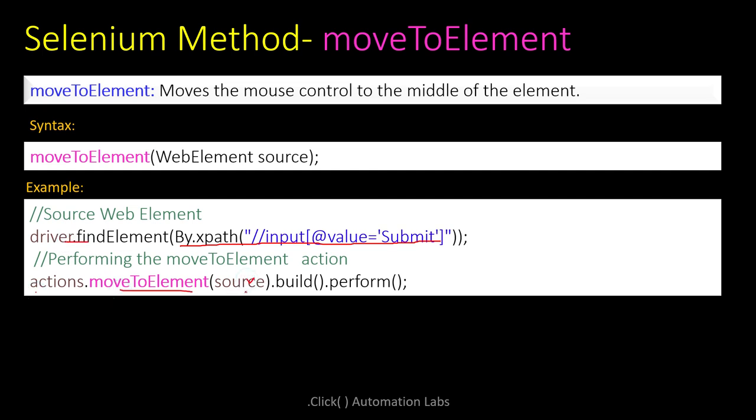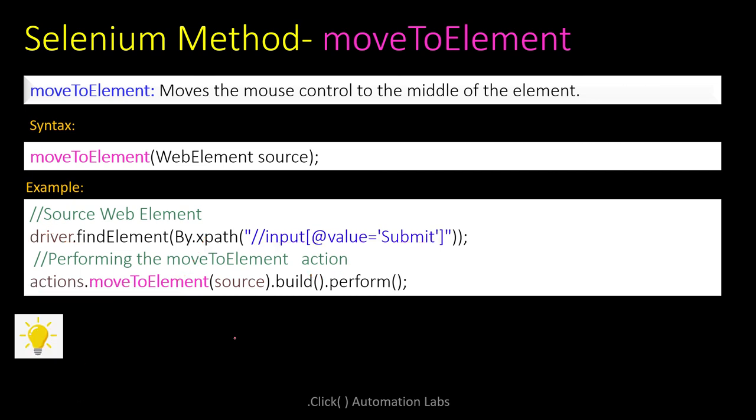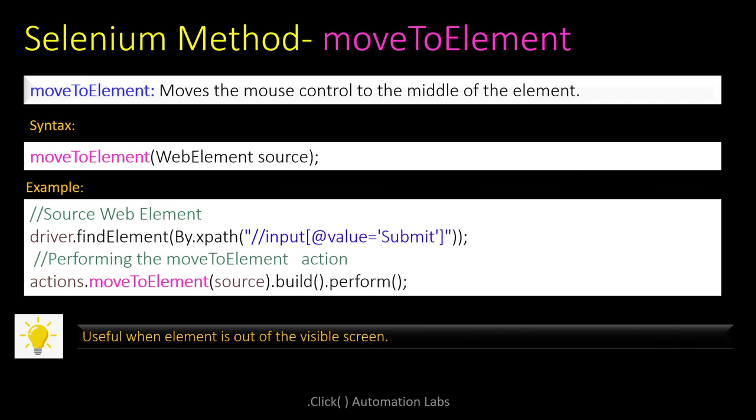This is the source element, I forgot to mention that here. This should be source equals this, and .build().perform() will execute this action. Let's see this example. It is useful when the element is out of the visible screen. As I said, if it is not on the UI, this will help us.